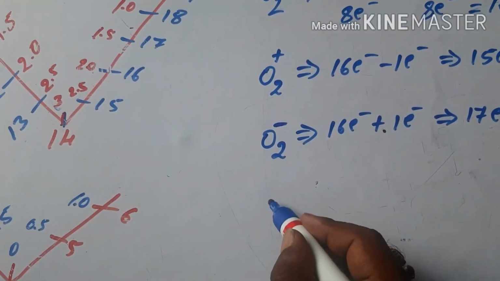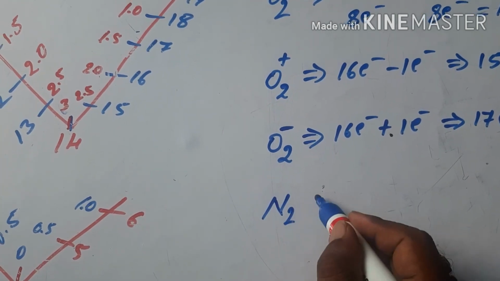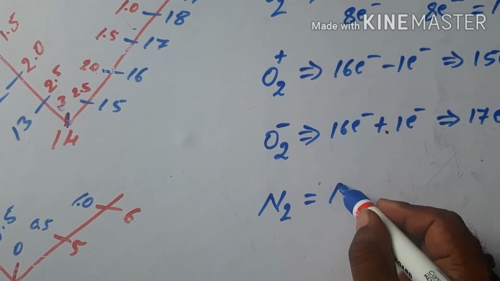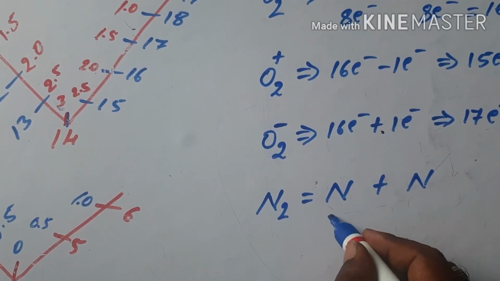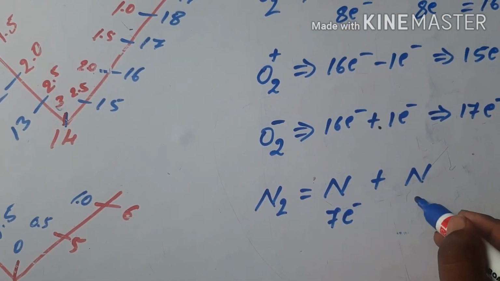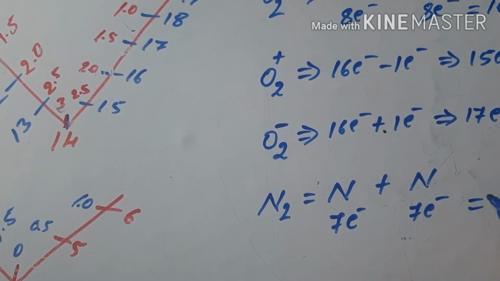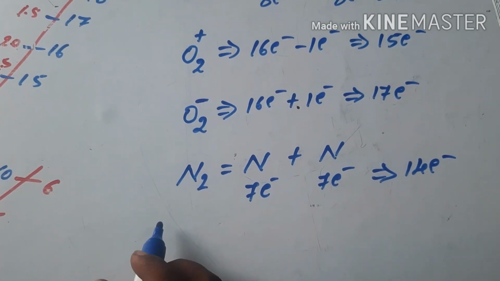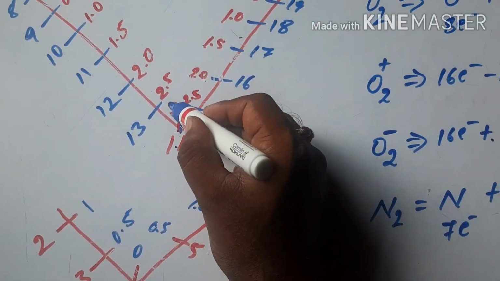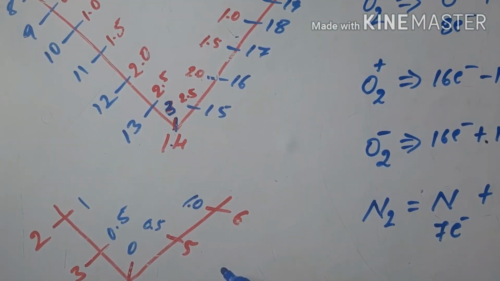In the same way, the nitrogen molecule is obtained from the combination of two nitrogen atoms, and each nitrogen contains 7 electrons. Therefore the total electrons is 14. For 14, the bond order is 3.